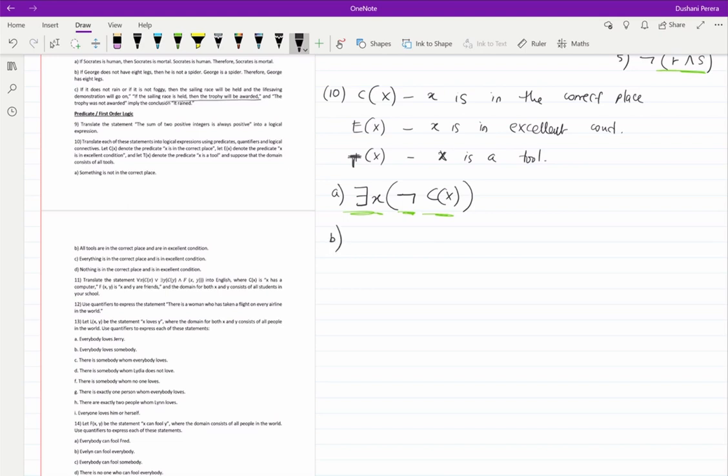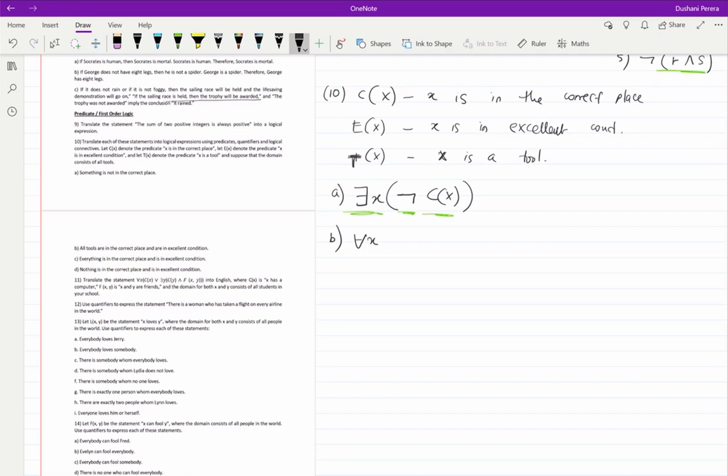Part B. All tools are in the correct place and in excellent condition. This is a for all statement. All the tools, not just some tools, it's all the tools. So all the tools are in the correct place and are in excellent condition.